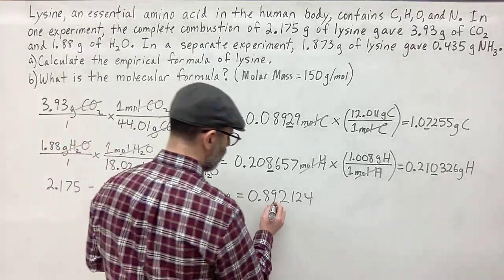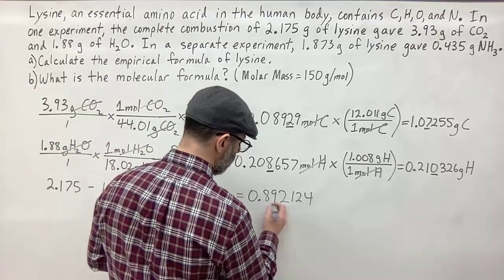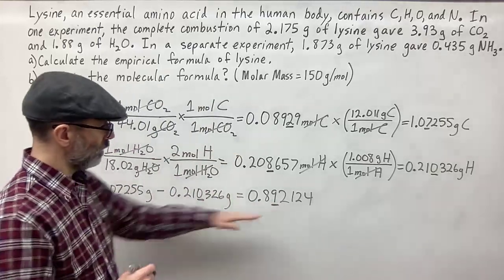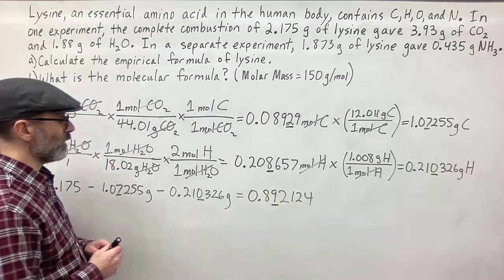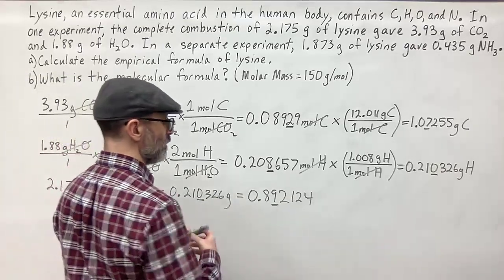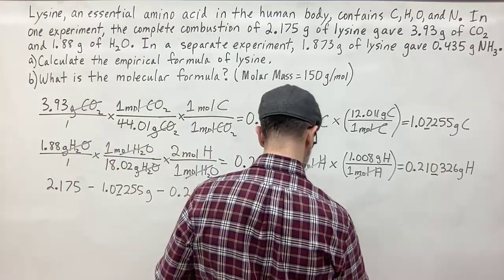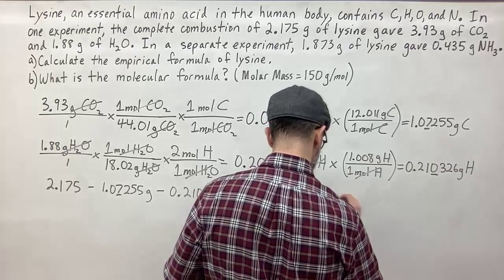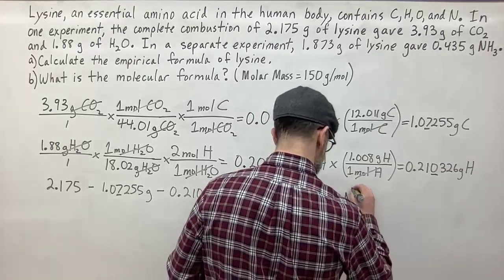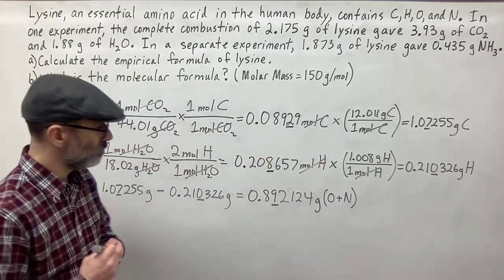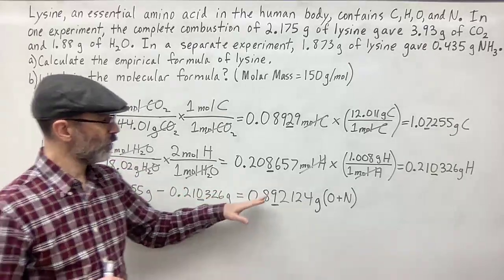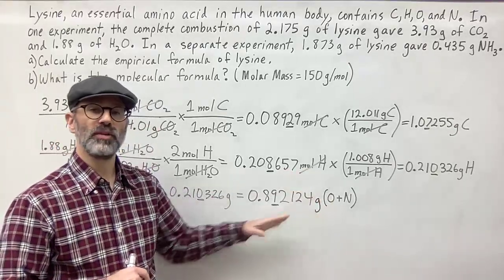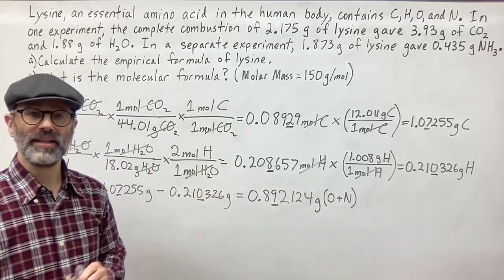So then that would be my last digit of significance. And so now that I have this, this is grams. This is the mass of oxygen plus nitrogen. So if I could get these separated, I can then figure out what the moles of each of these are. And that's going to be my next step.